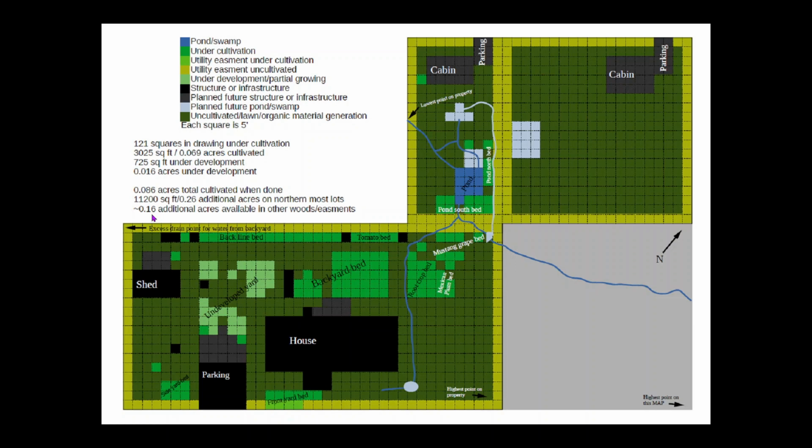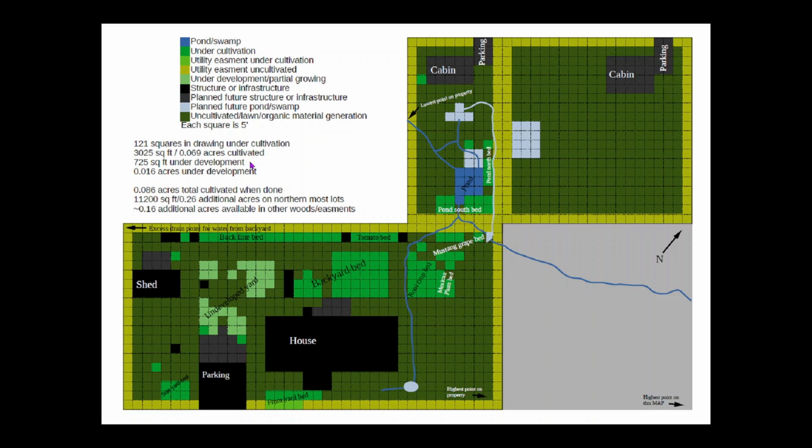Let's see what that gets us. My math is not so great here. So that's 0.16 on that, to be 0.26, and then another 0.26, so we're at 0.52, and then I had this 0.069, so roughly about 0.55 acres, topping out somewhere probably between 0.45 and 0.55 acres of cultivated space when I'm all said and done.